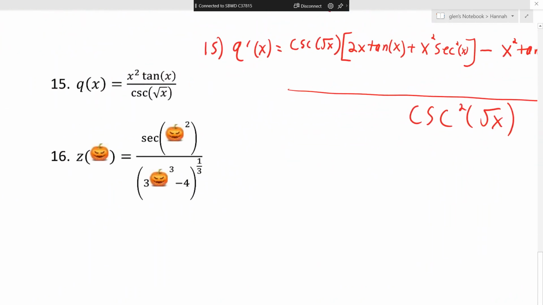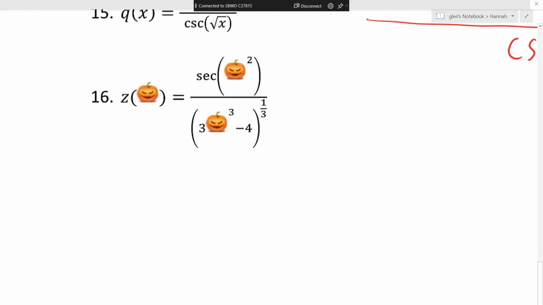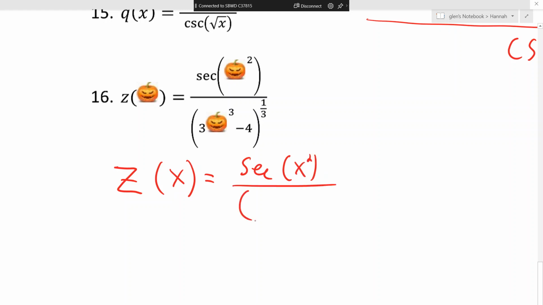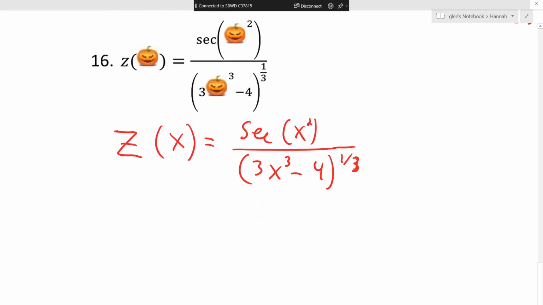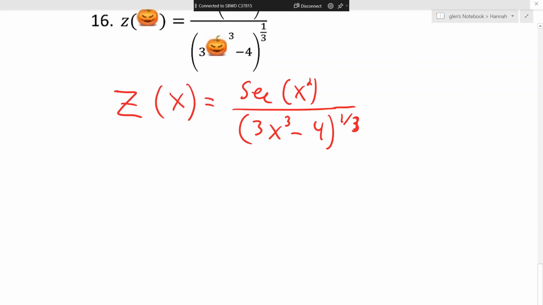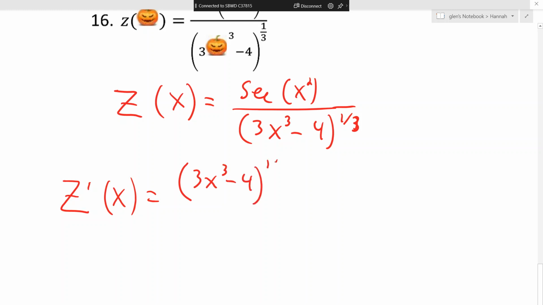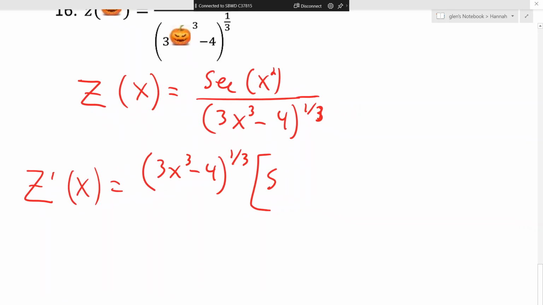That's just it. Okay, and 16 is really just, without the pumpkins, secant of x squared over 3x cubed minus 4 to the 1/3. That's not the derivative, that's just what that is. So z prime, using the quotient rule, is write the denominator, 3x cubed minus 4 to the 1/3, times the derivative of the numerator, which is a secant.